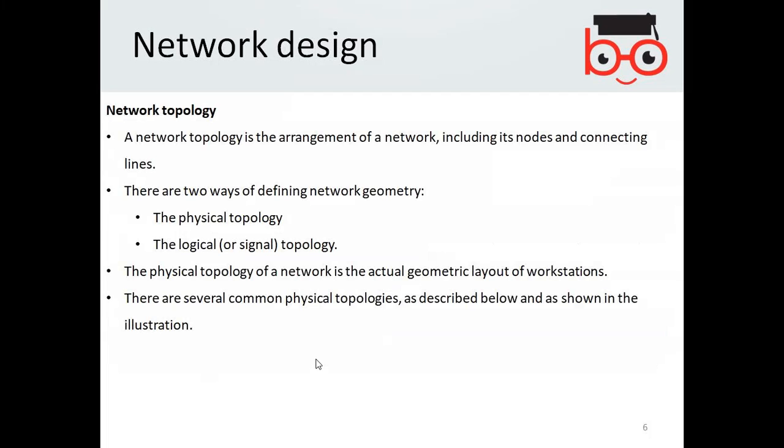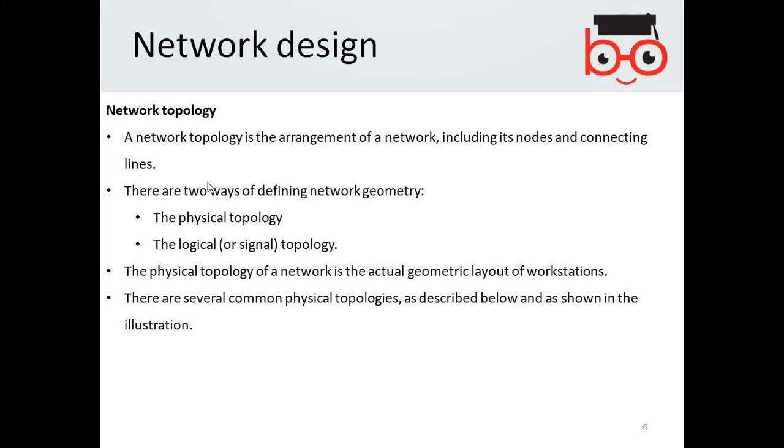And obviously, if it is a network, it needs to have a kind of topology, the physical structure. A network topology is the arrangement of a network, including its nodes and connecting lines. So you need to look at the network topology as well, that is, what topology would be used for your solution.